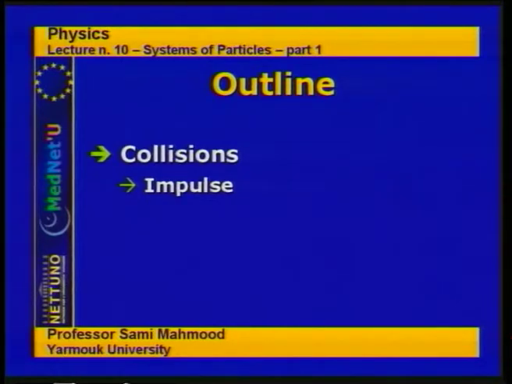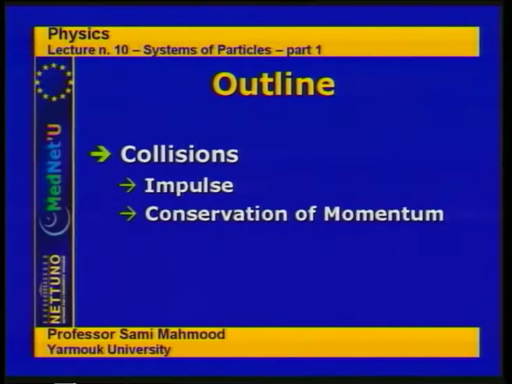In the beginning of this topic, collisions, we will talk about a special quantity called the impulse. We'll discuss it and define it. Then we will use this definition of impulse and Newton's third law of motion to arrive at the principle of conservation of momentum.